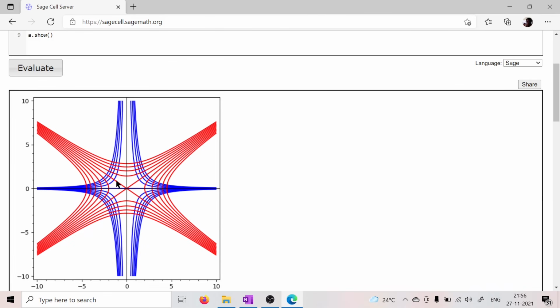You can see the asymptotes for the hyperbolas in this case are not perpendicular to each other. So these are not rectangular hyperbolas, and at the intersection of red and blue lines, you can see the angle of intersection is 90 degrees.